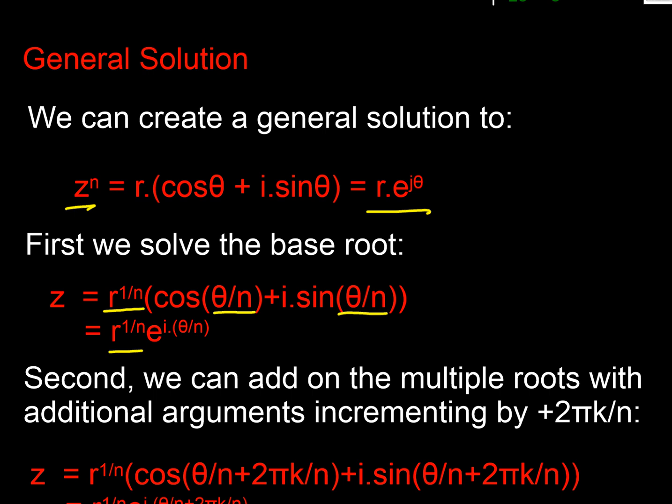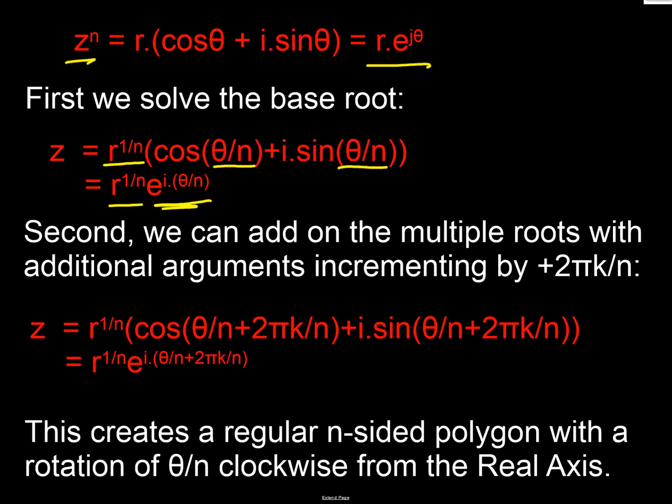Or simpler to see here, that's r to the 1 over n times e to the i theta over n. And then we've got to add on our incremental angles. So we're taking our 2 pi and we're dividing it into n equal parts. Therefore our angle, our argument is theta over n plus 2 pi k over n, for the cos and then with the sine.